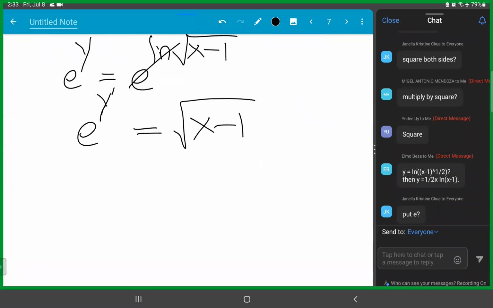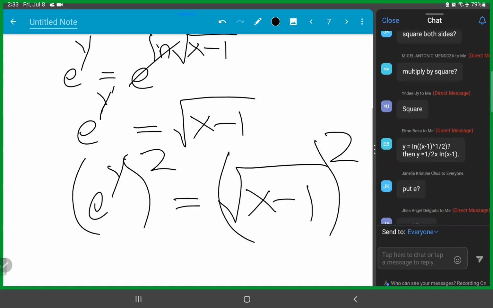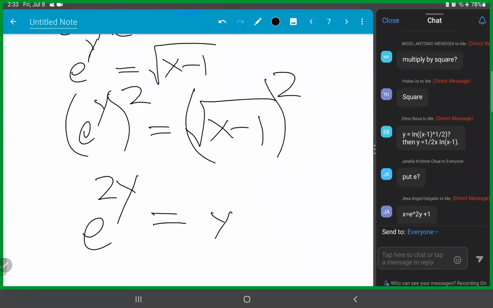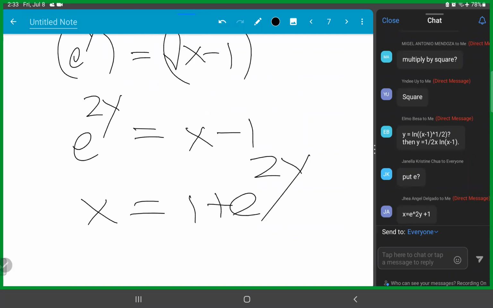And then you can square both sides para mawala yung square root. Square and thus square root. Apply laws of exponents, so e to the 2y. Multiply, y times 2. Then x is out. X can be solved. Okay, tama yung sagot.